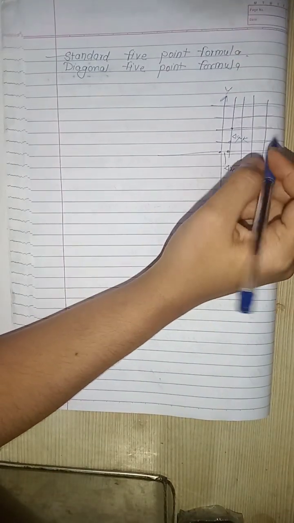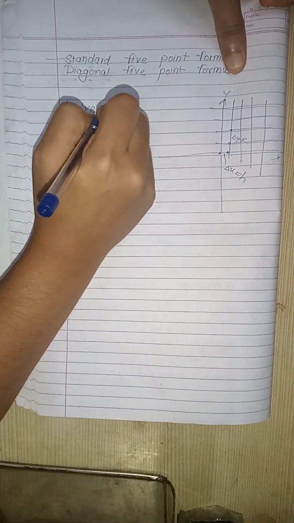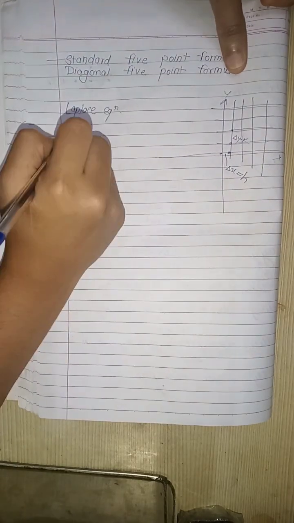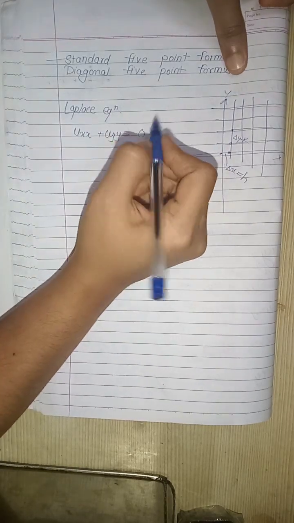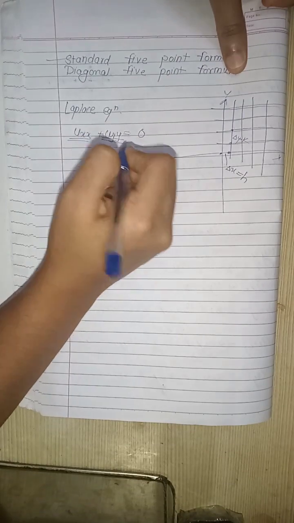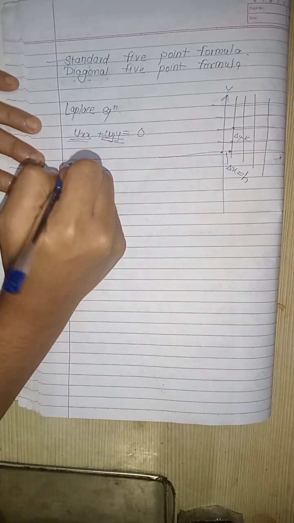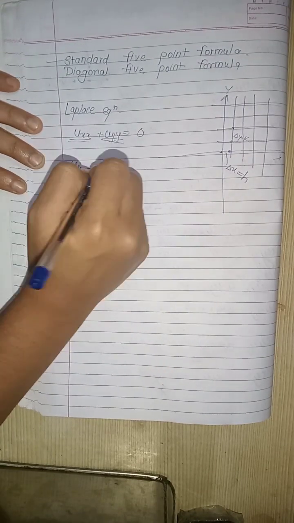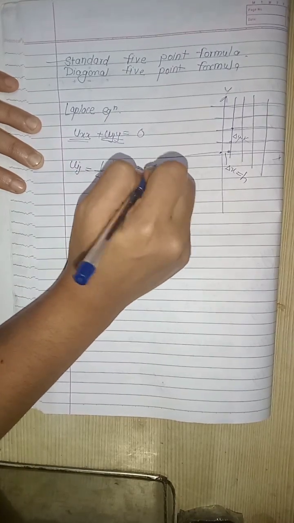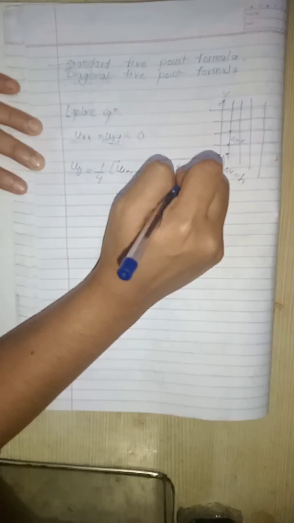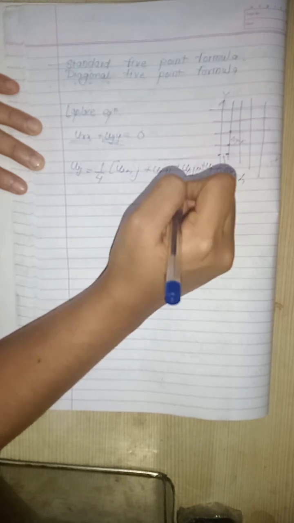With these notations, we know that the Laplace equation was uxx plus uyy equals 0, and after substituting the values of uxx and uyy using the finite approximation values, we had ui,j equals 1 upon 4 times (ui+1,j plus ui-1,j plus ui,j+1 plus ui,j-1).